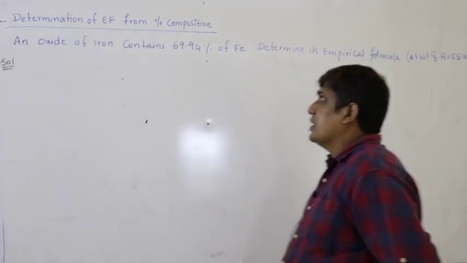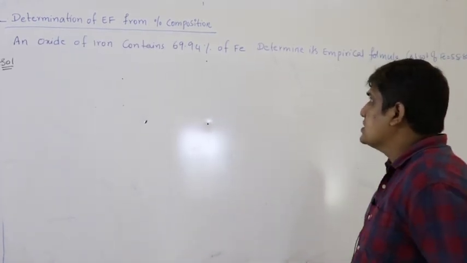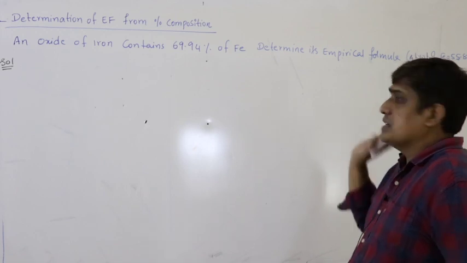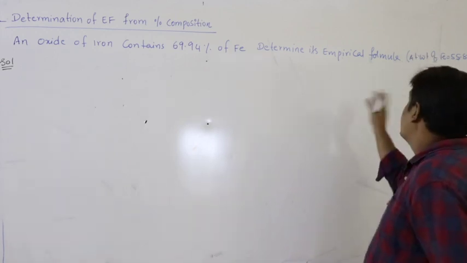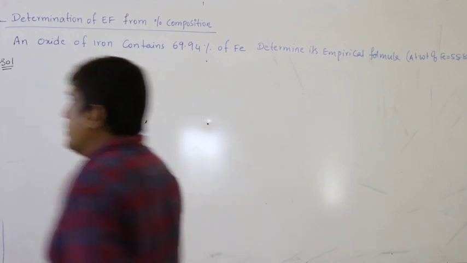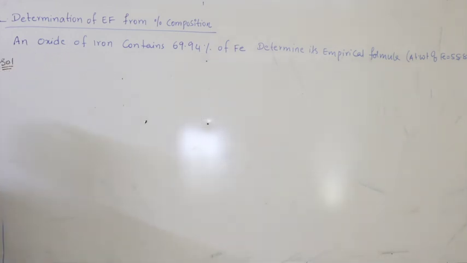Problem: an oxide of iron contains 69.94% of iron. Determine its empirical formula. So there are two elements, one is iron and the other is oxygen.